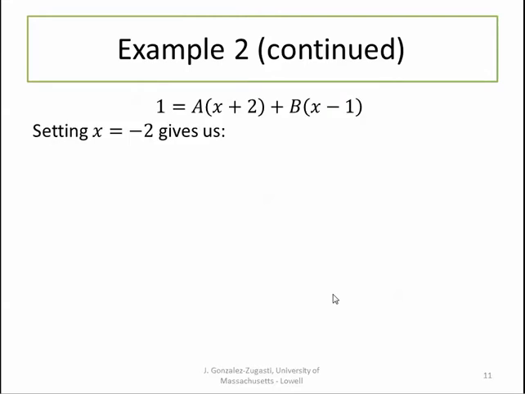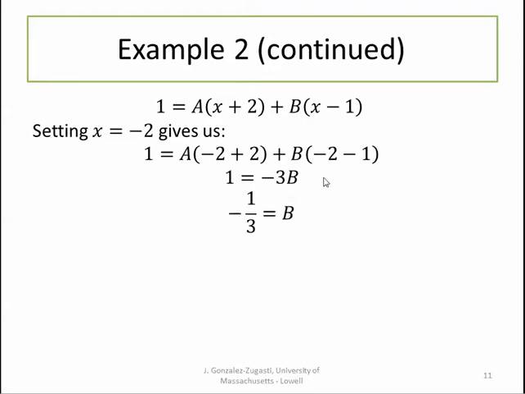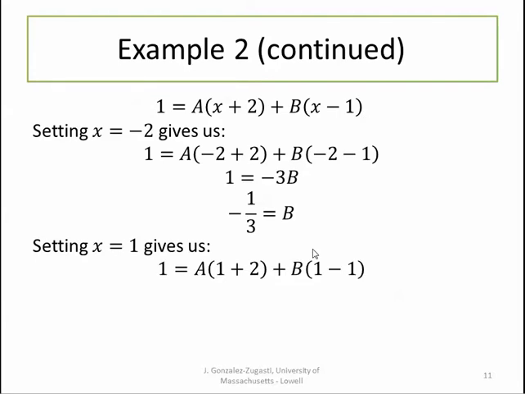Not 2, but negative 2. So when I plug that in, I get that 1 is equal to 0 plus B times negative 3. So that tells me that 1 is equal to negative 3 times B, or that B is equal to negative 1/3. Now we can do the same thing to solve for A. We'll let x equal 1 to make this term go to 0. That gives us that 1 is equal to 3 times A, or that A is equal to 1/3.